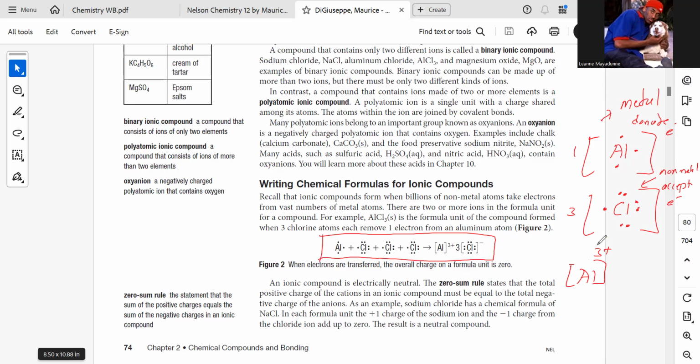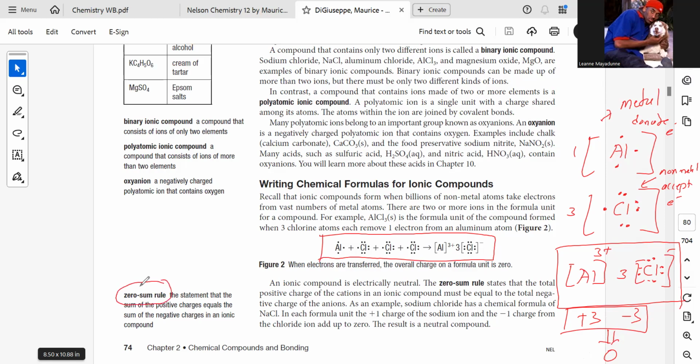Chlorine will accept the electrons and will have negative charge. So you have 3 chlorine. If you see the sum now, you have 3 positive and 3 negative. The sum of this is 0.